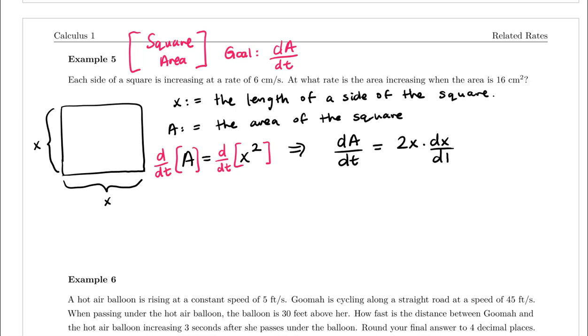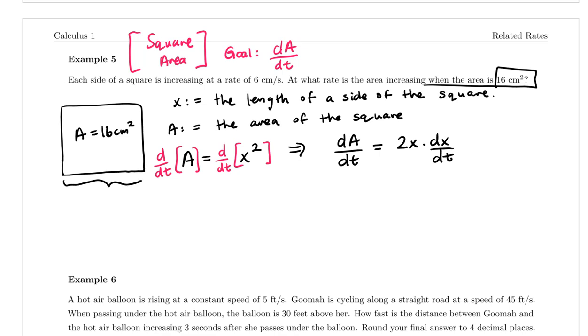So at the moment that we snap our picture, we want to figure out what is the length of one of the sides and at what rate is the side length increasing. So it says when the area is 16 square centimeters, and so in this picture, the area is equal to 16 square centimeters, and the side length would be the square root of that.